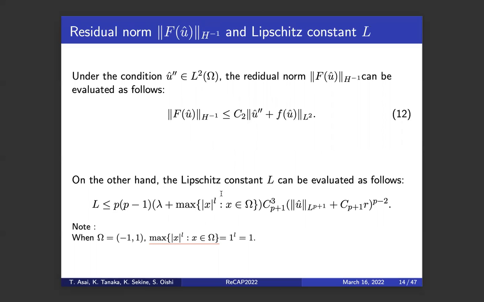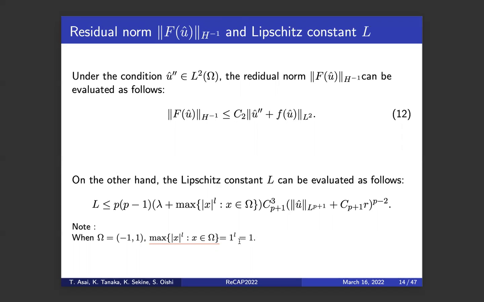In this Lipschitz constant, the maximum is unique to the Hénon-type equation. So in this case, the maximum equals 1.